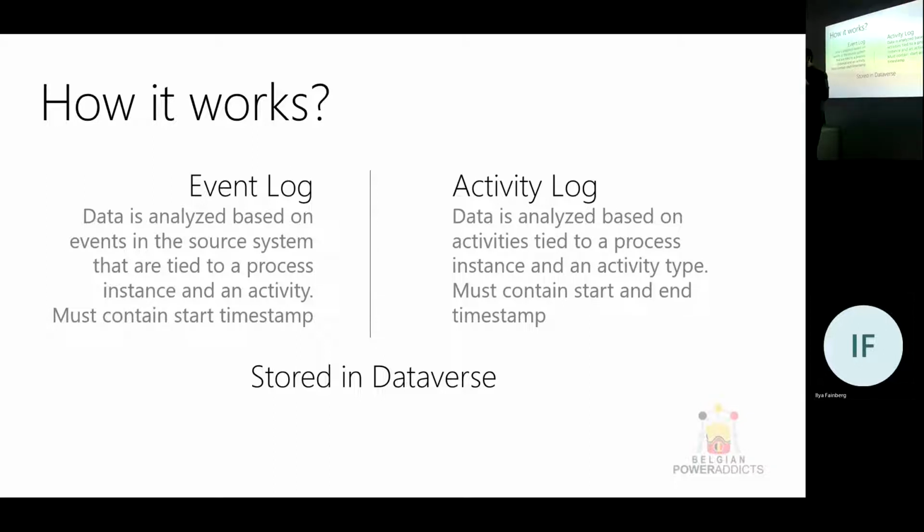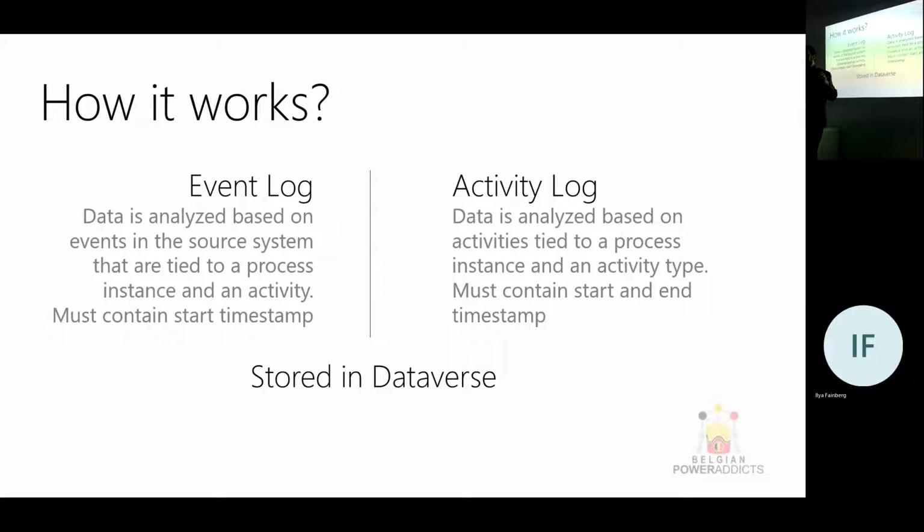If you have just one timestamp, then we call that an event log. This is a term specific to Process Advisor, not a generic term. So Process Advisor calls an event log something that has an ID representing an instance of the process, a name of an activity, and when the activity was performed. Essentially, that's it.